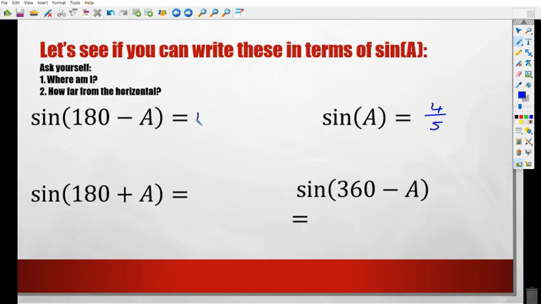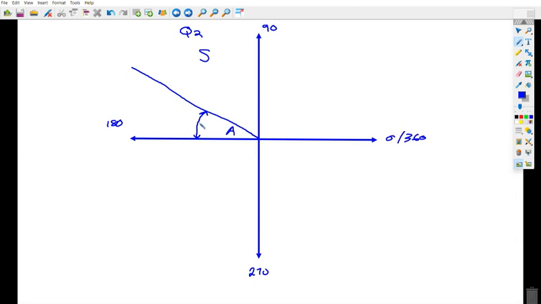So here we are. It's positive sine. I was looking at cos before. Sine is positive in the second quadrant, and I said, how far am I from my horizontal? From this line, always from this line, my hypotenuse in a sense, if I draw this triangle. How far am I from my closest horizontal?